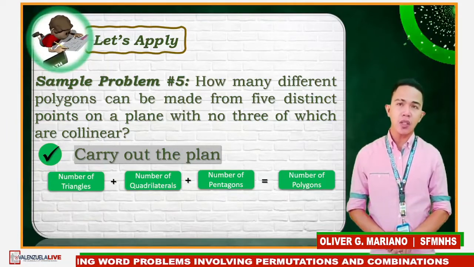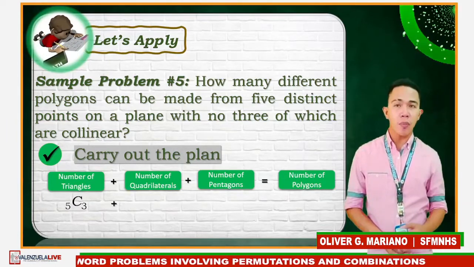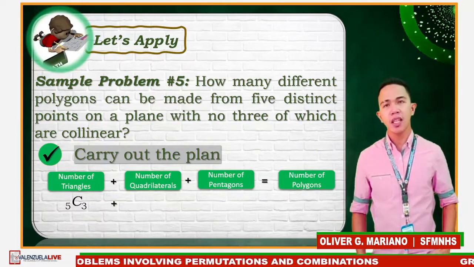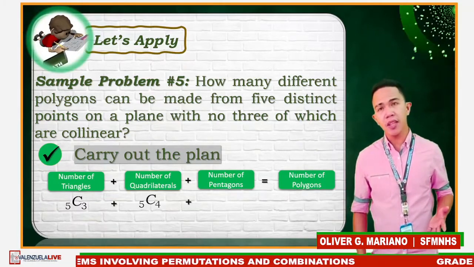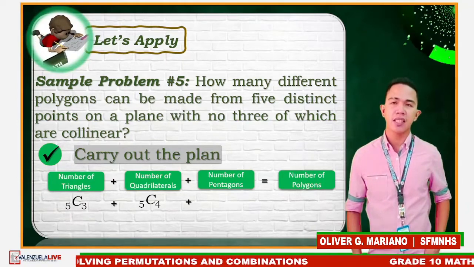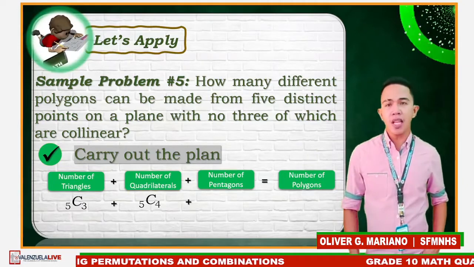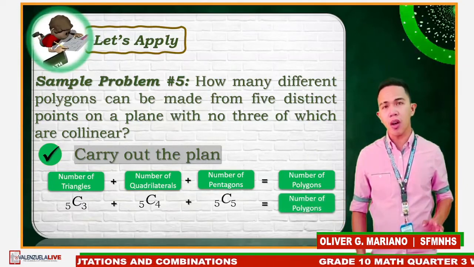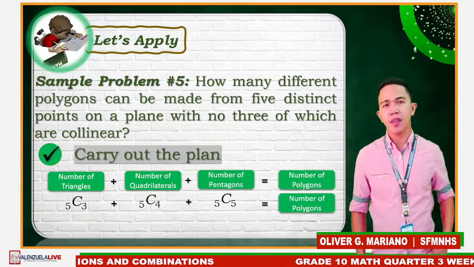Counting them, we have the combination of 5 taken 3 at a time for the number of triangles, the combination of 5 taken 4 at a time for the number of quadrilaterals, and the combination of 5 taken 5 at a time for the number of pentagons.